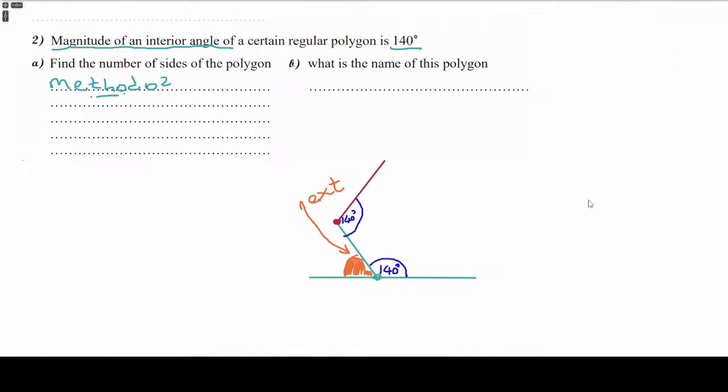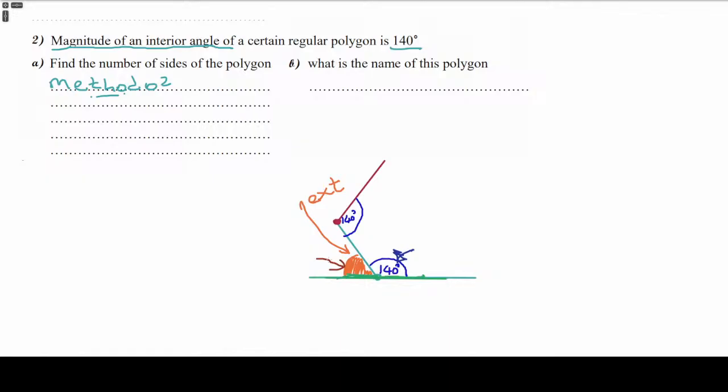What about this line that I'm highlighting in green? It's a straight line, right? If it's a straight line, you can apply the 180 rule. When we add this blue angle 140 and this orange angle, we should get 180 as the answer.